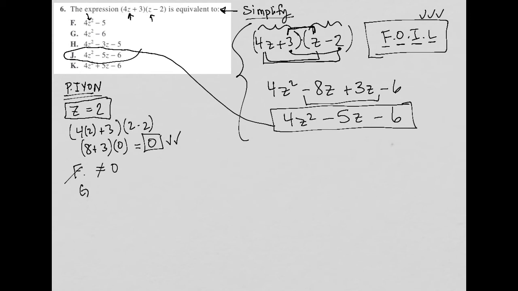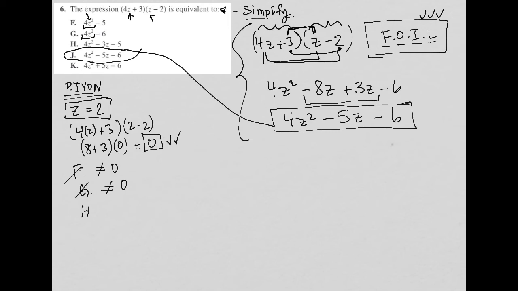G, when you plug 2 in for z, once again, you do not get 0. And again, I don't want to make this video too long. I'm not showing you all of the work, but hopefully you can see pretty clearly that 4 times 2 squared does not equal 5, and that's the only way that you would get 0 in this case.